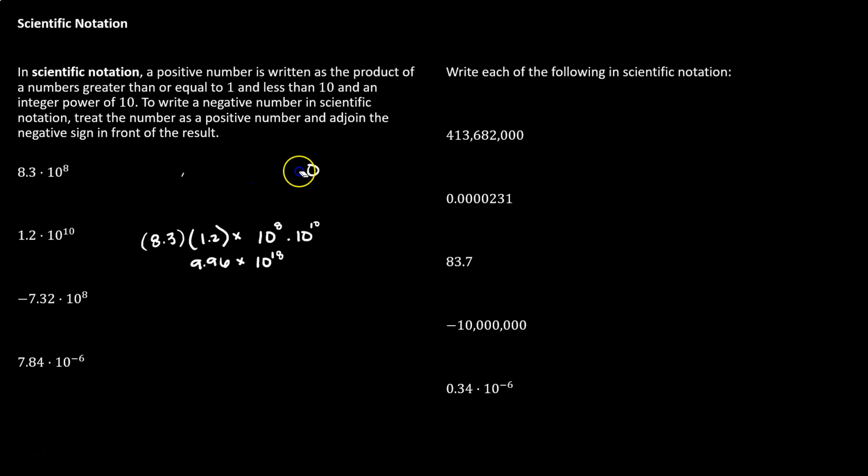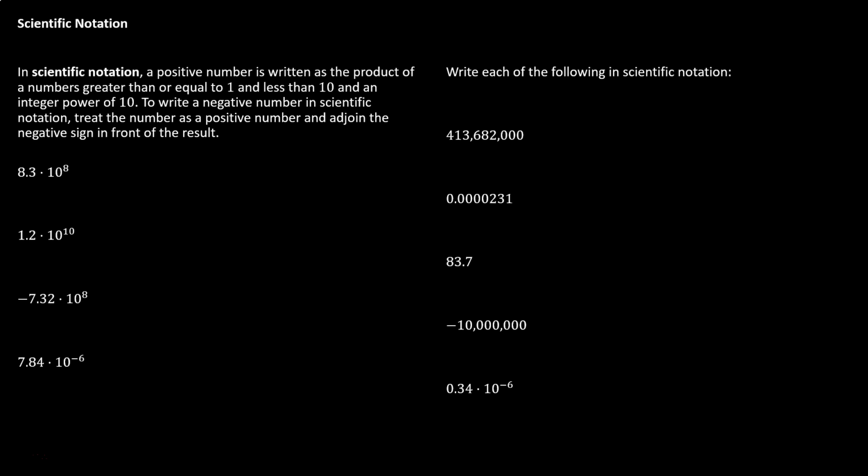So the ins and outs of scientific notation. We already said a couple of them. One is that you will only have a single digit to the left of the decimal. 2, you will always multiply by a power of 10. It could be a positive exponent, it could be a negative exponent. So really big numbers have positive powers of 10. Really tiny numbers have negative powers of 10.